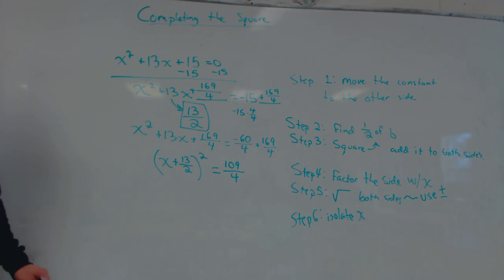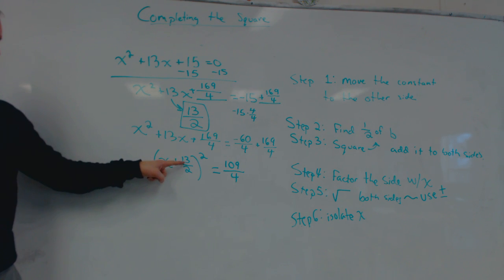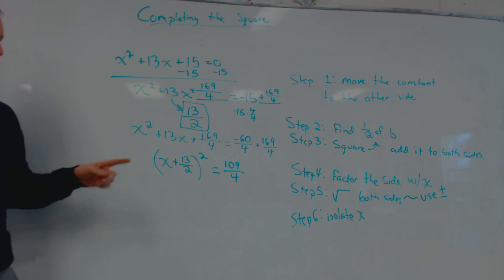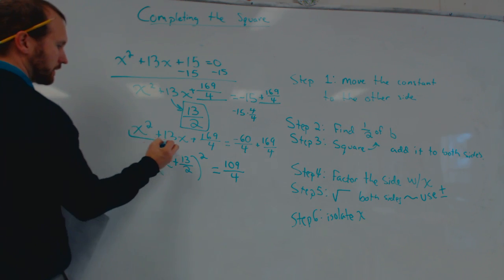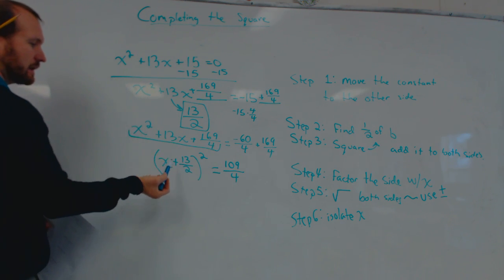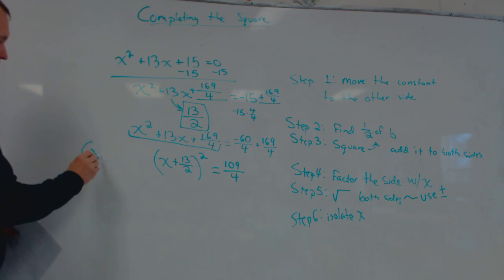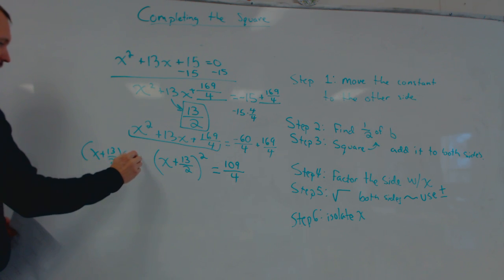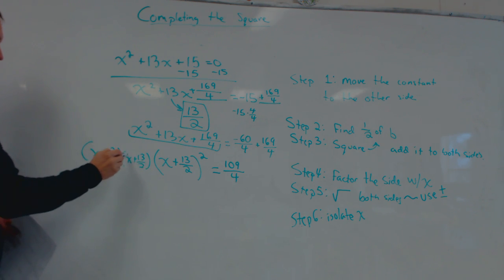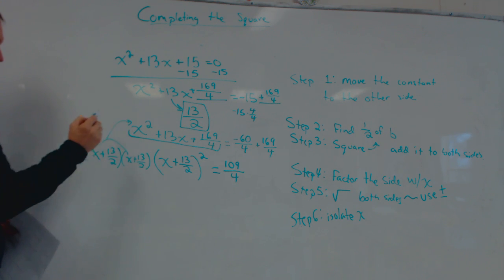That's a 13. 13's right there. But how? Well, I factored this into this. This equals this. If I FOILed this out, x plus 13 halves times x plus 13 halves, I would get x squared, that's that.